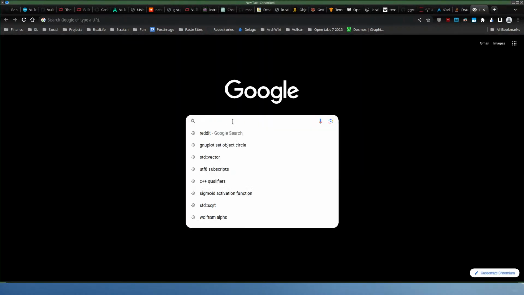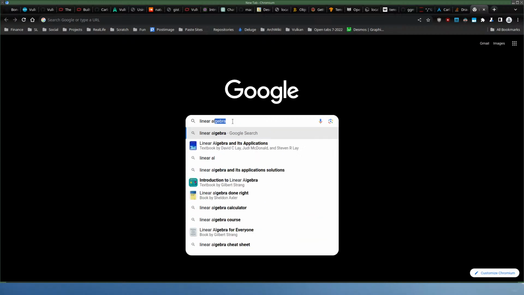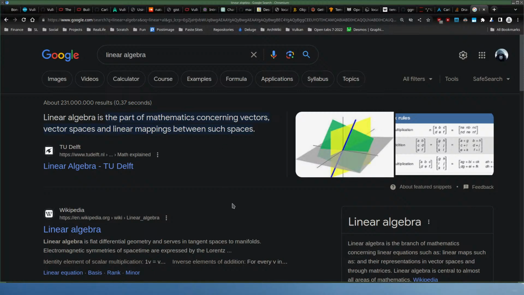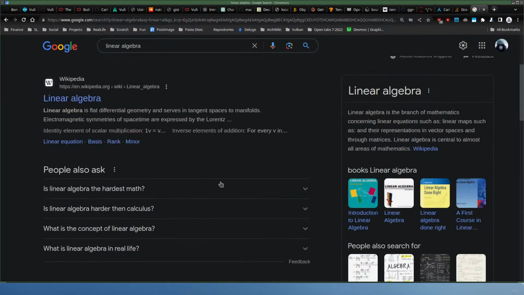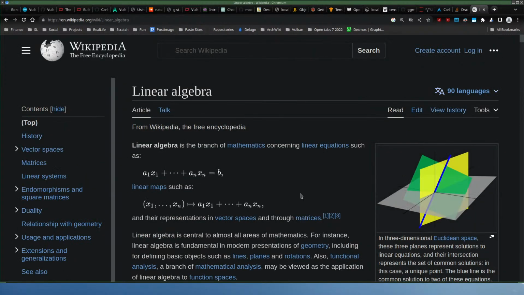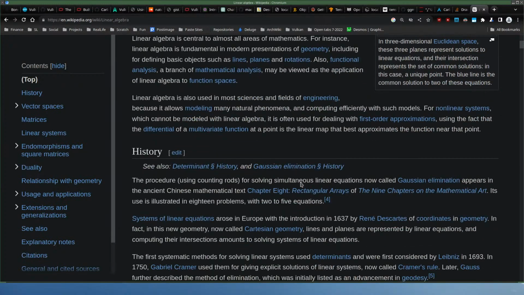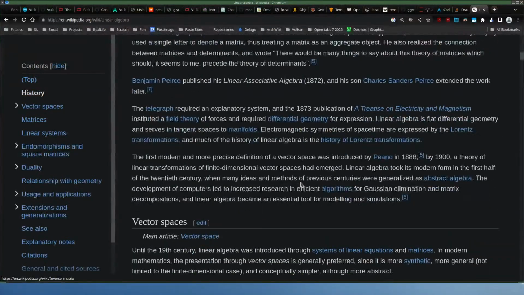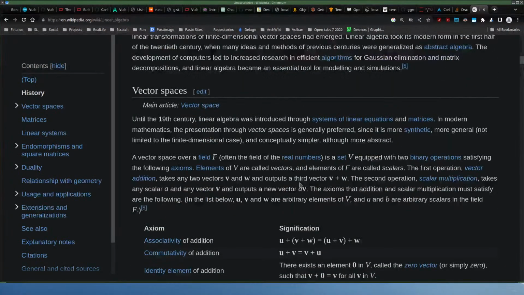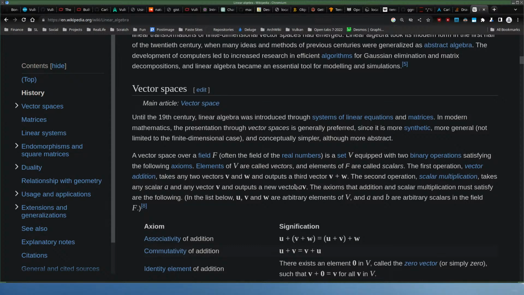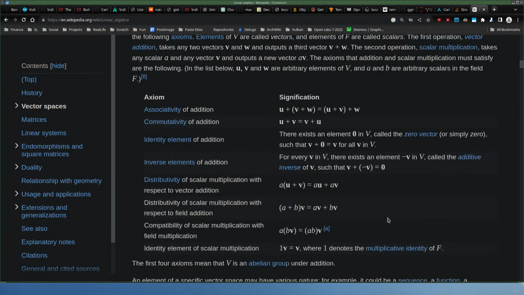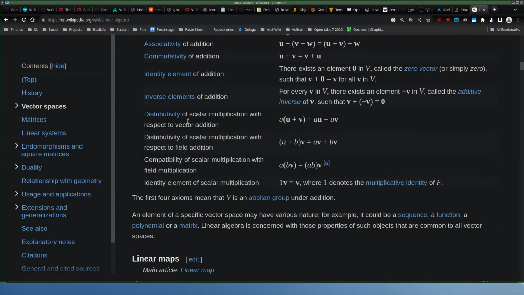If you don't know that, then let me see if I can find something that will teach you. Wikipedia. It's called distributivity.